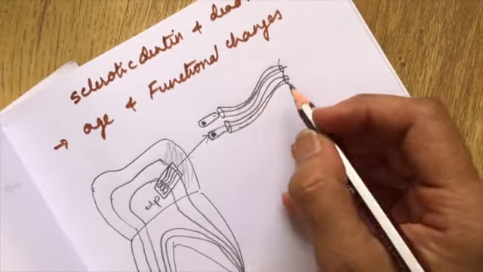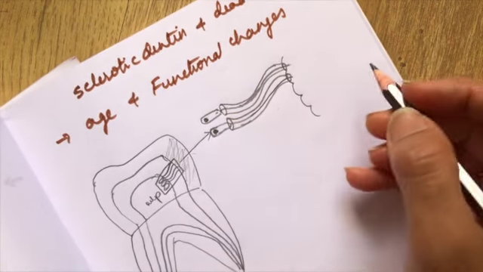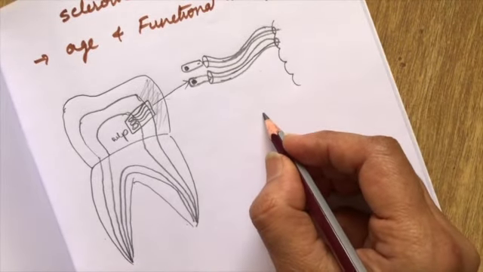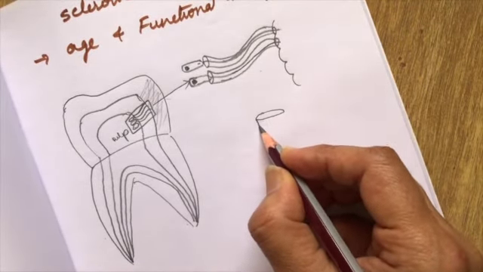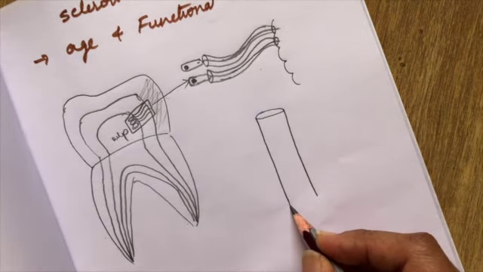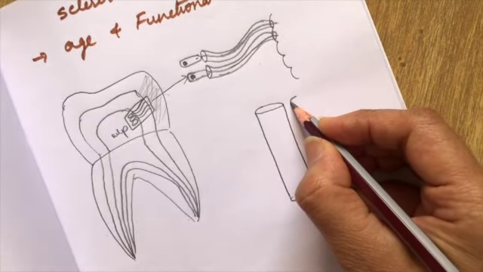So here is the odontoblast with its nucleus, polarized nucleus. So now if you see the S-shaped tubule with the odontoblastic process inside, and we just take the tubule, enlarge the tubule and see. Take this as the tubule. Another tubule here.